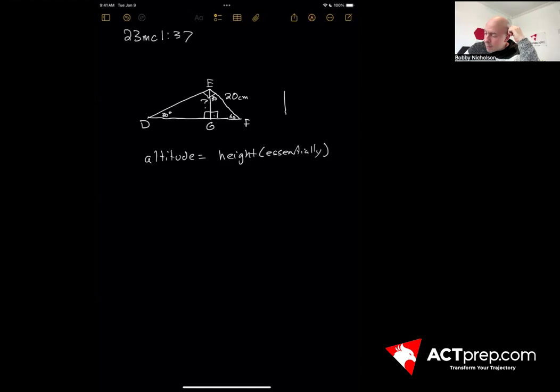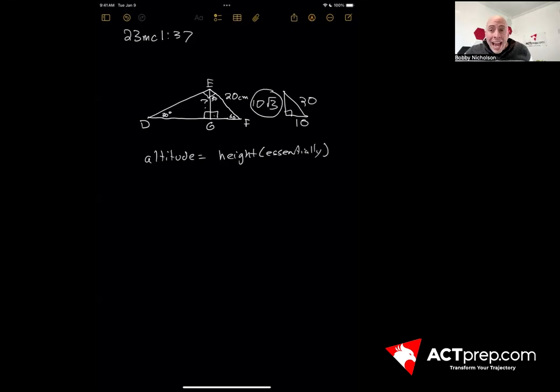And we have memorized that a 30, 60, 90 triangle has a proportion of 1 to root 3. So since we know that this side is 20, we know they just multiplied all the sides by 10, leaving us with EG being 10 root 3.